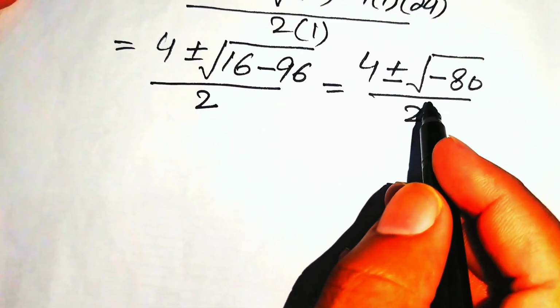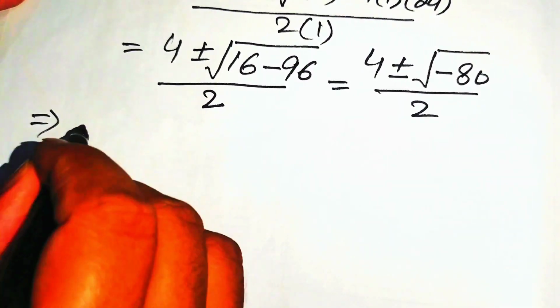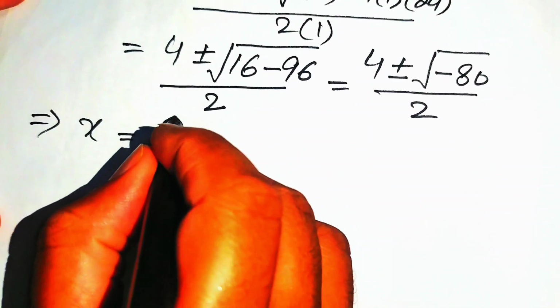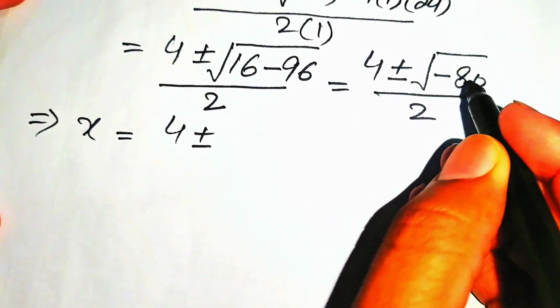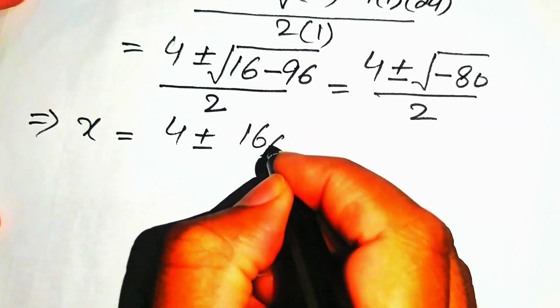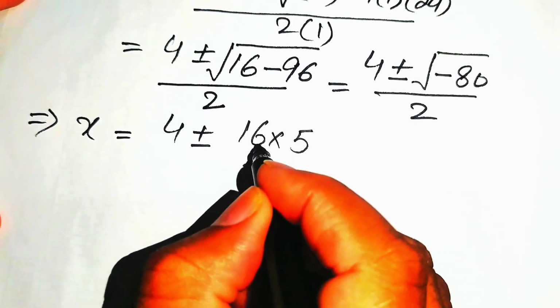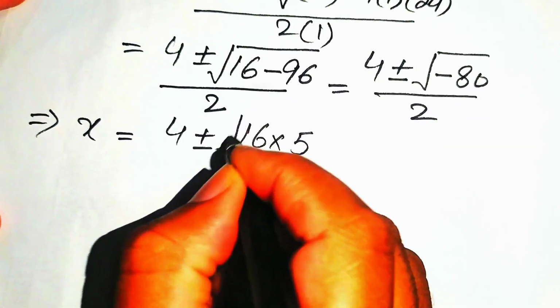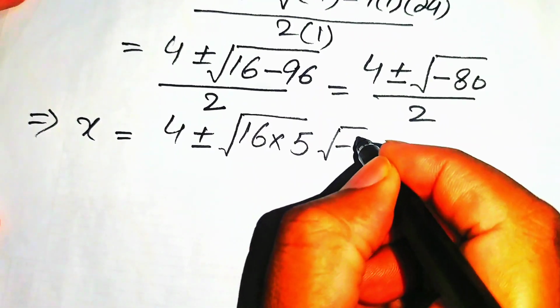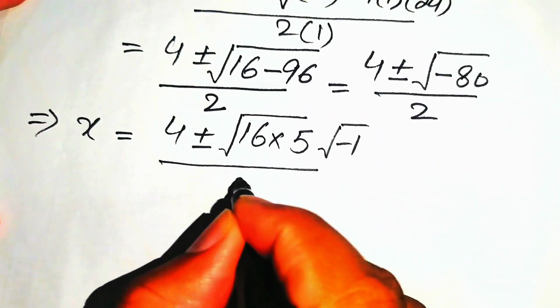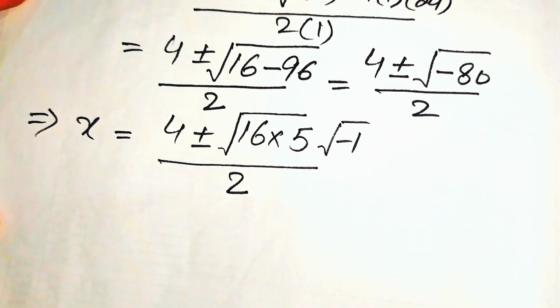Here we rewrite this as 4 plus minus the square root of minus 80, and we write it as 16 times 5, because 16 times 5 becomes 80, and we separate the square root of minus 1, and this whole divided by 2.